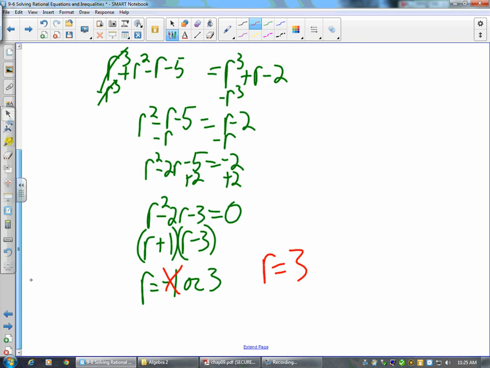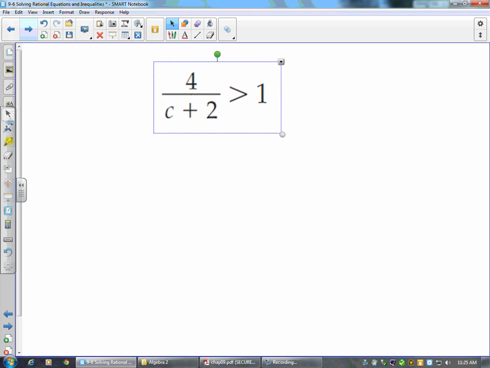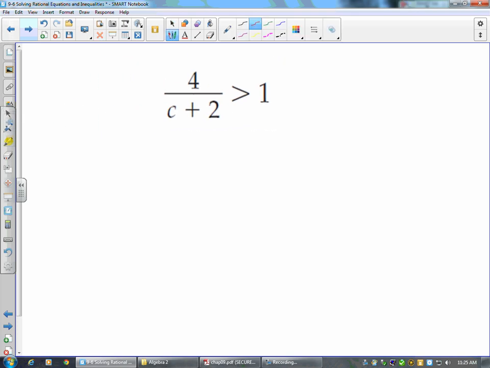So there it is. Last thing that you need to know is inequalities. And what's tough with inequalities is that when we multiply times our common denominator, in this case it's pretty simple, it's just a c plus 2 times a c plus 2. Am I multiplying times a positive number, or am I multiplying both sides times a negative number?